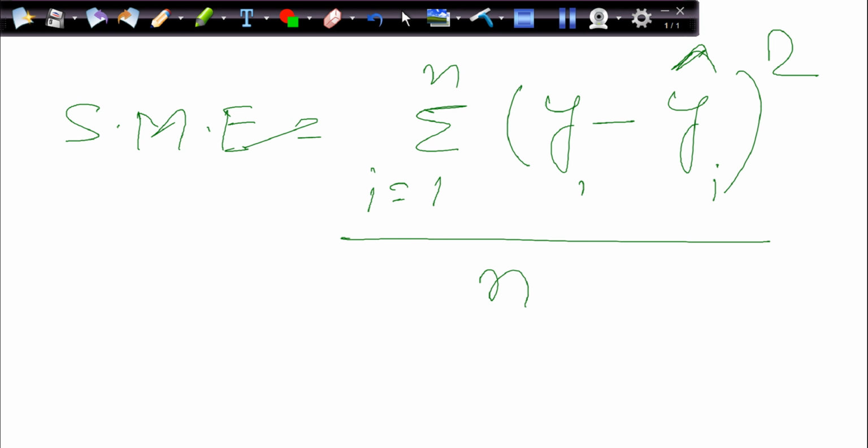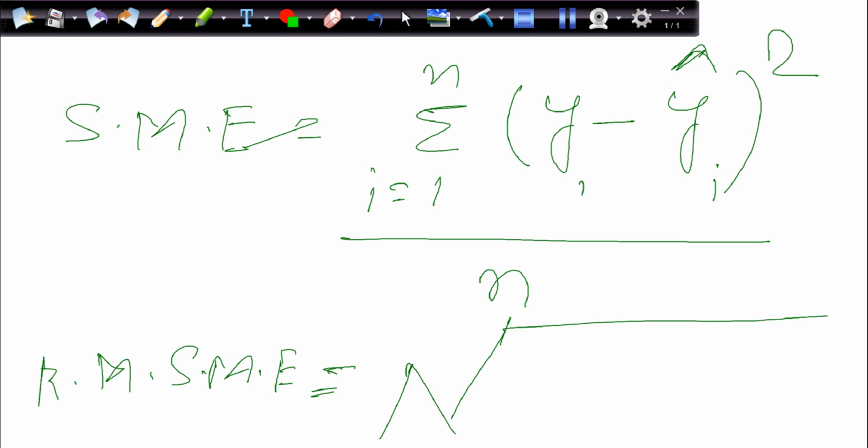And there is a third kind of measurement, which is root mean squared error. This is eventually the same thing, but just the root of this squared mean error. So let me just write the formula.